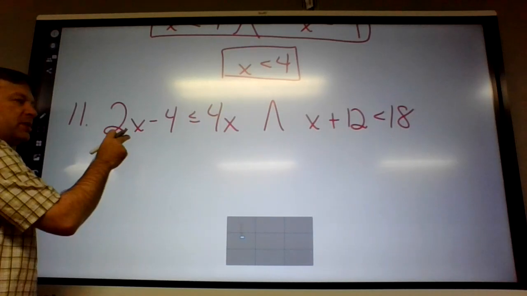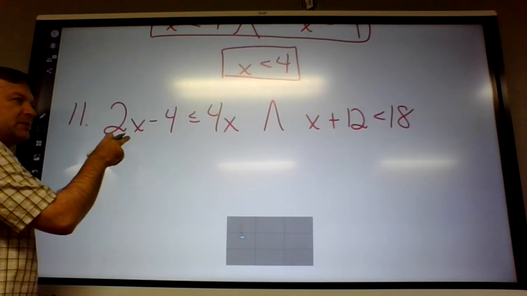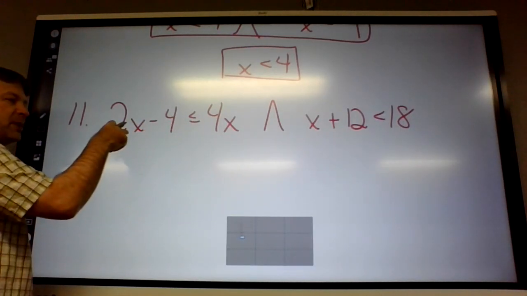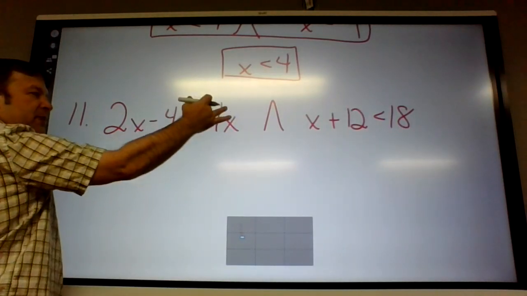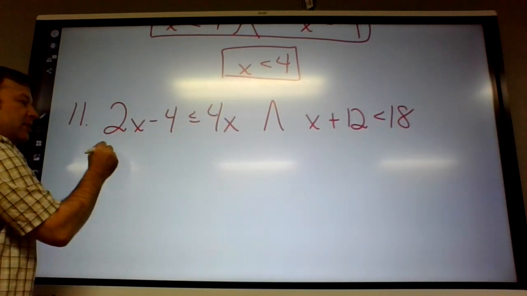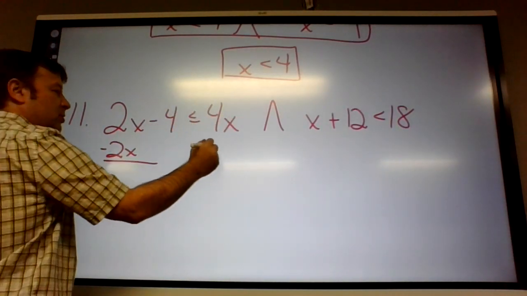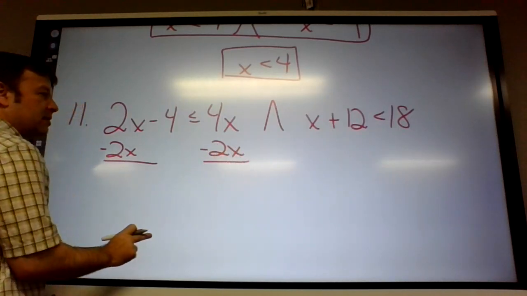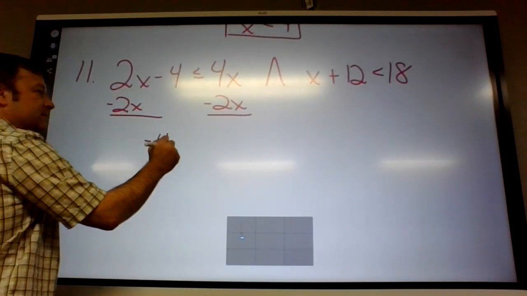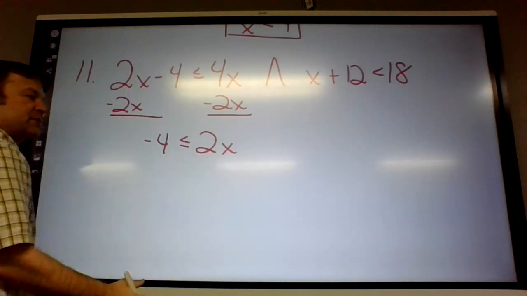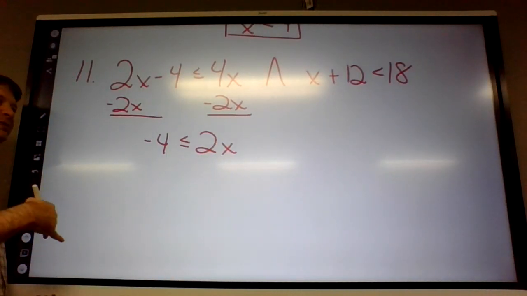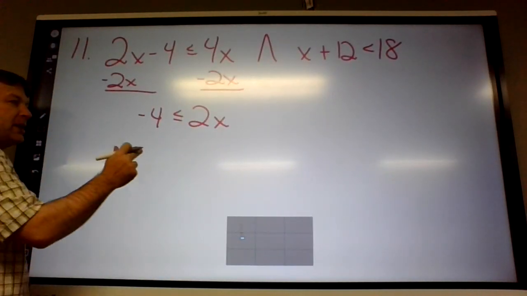It'd probably be quicker if we move the 2x, because there's only x's on the right side. So if we do that, it'll be one step shorter. It might be more confusing though, because we're used to having x's on the left side. But okay, and then what would I do?